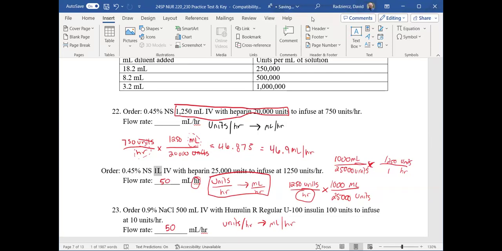Just don't forget to, I don't know, Kate, if you write down your units or not when you do your math. If you're writing your units and you see that you're in liters per hour and it's asking for milliliters per hour, then you know, okay, I have to convert liters to milliliters, and you can do that as the last step. That's fine.